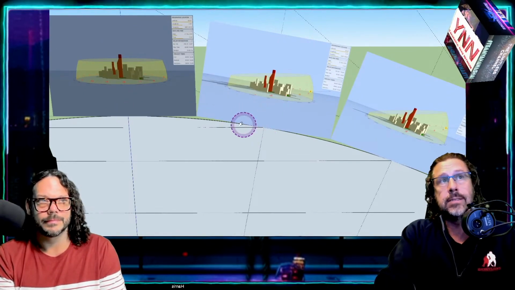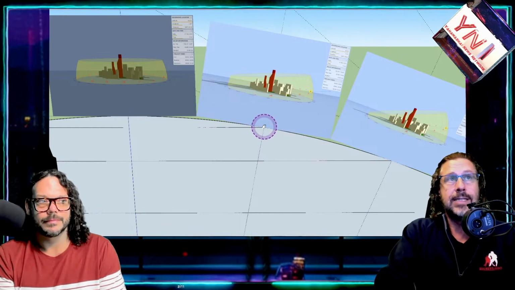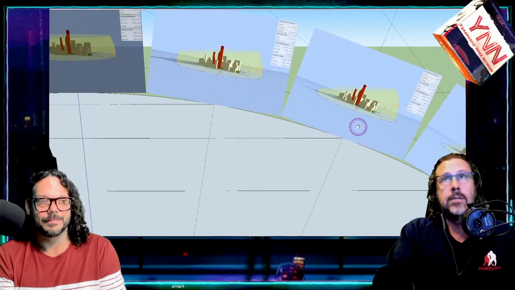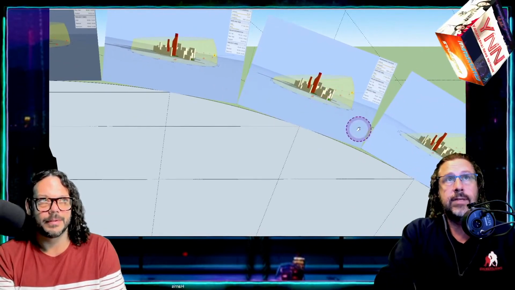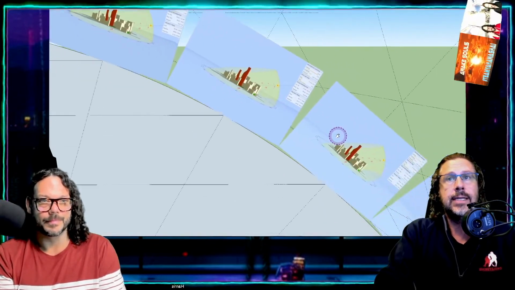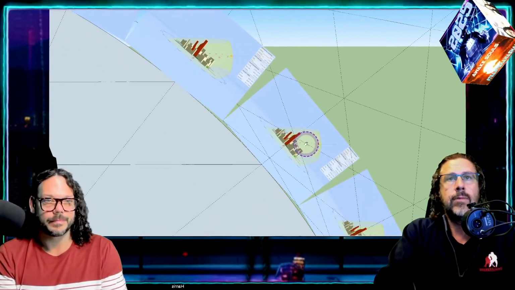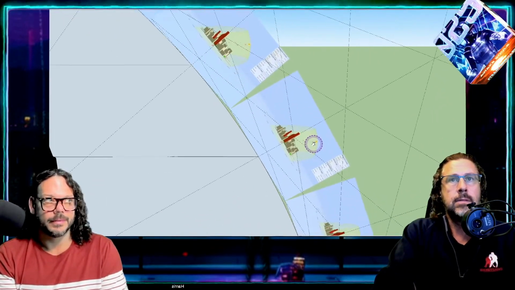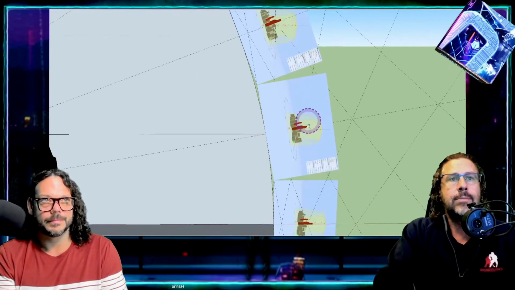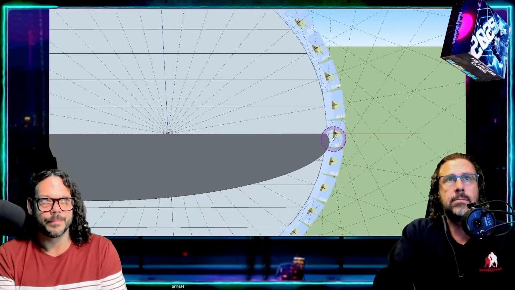It's 10 degrees between these two places, but this is considered 80 degrees north latitude. Here is 70 degrees north latitude. Here is 60. Here is 50. Here is 40. Here is 30. Here is 20. Here is 10. And here is the equator.